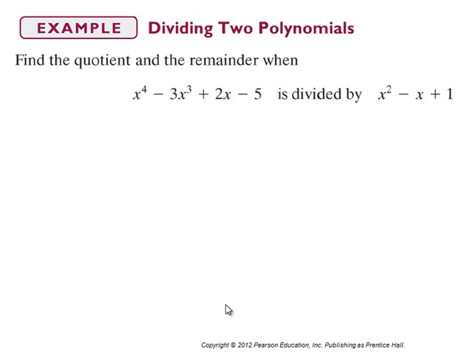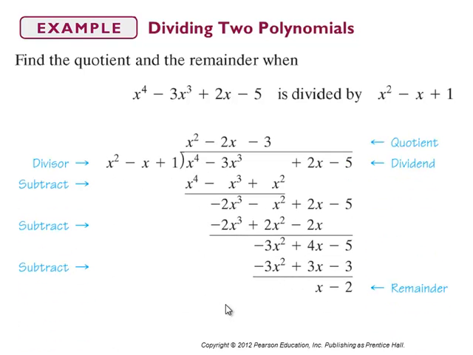All right, and then I'm going to quickly go through this next one. X to the fourth minus 3x cubed plus 2x minus 5 divided by x squared minus x plus 1. Again, you see the setup there. Look at leading terms. X squared goes into x to the fourth x squared times, multiply, here you go, subtract. And then again, how many times does x squared go into negative 2x cubed?